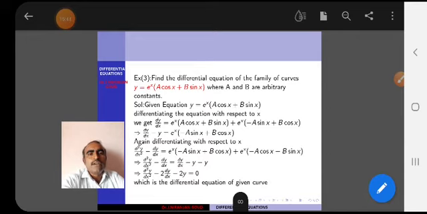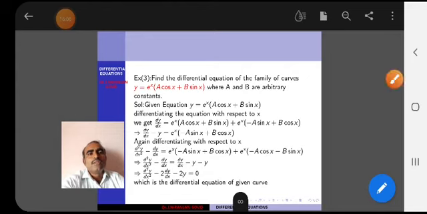You get the derivative of dy/dx, which is d²y/dx², minus the derivative of y, which is dy/dx, equal to, again applying the UV formula, e^x times (-a sin x + b cos x) plus e^x times the derivative of (-a sin x + b cos x), which is (-a cos x - b sin x).